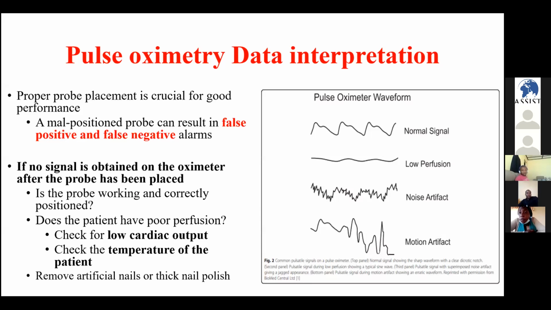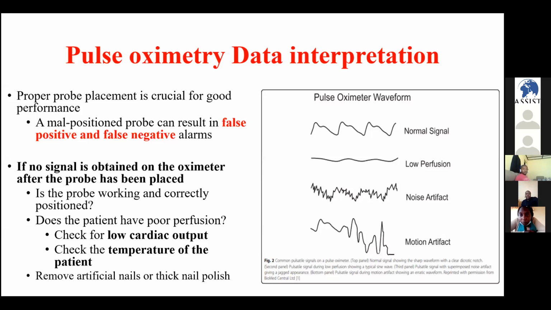Otherwise, you can have false results. If no signal is obtained on the pulse oximeter, you have to double check if it is well positioned or if it is due to poor perfusion of the patient's extremities.